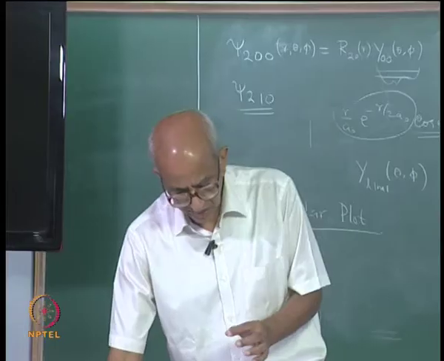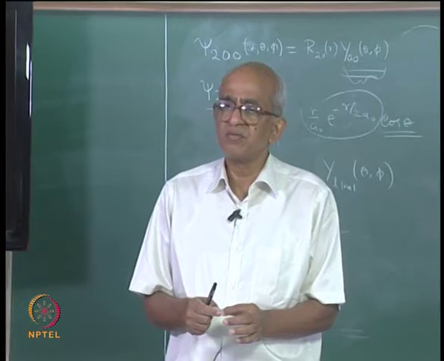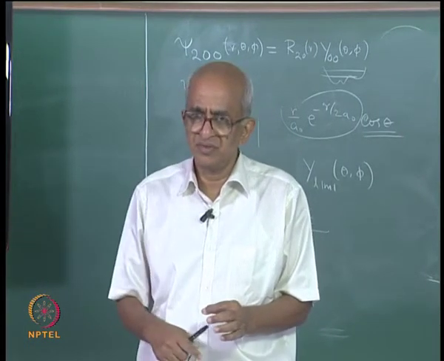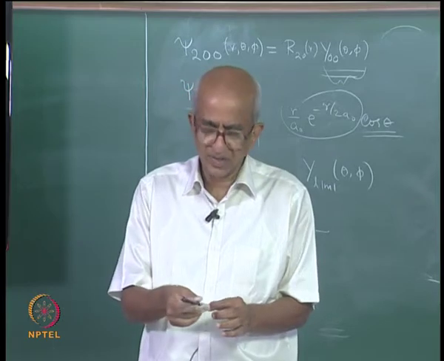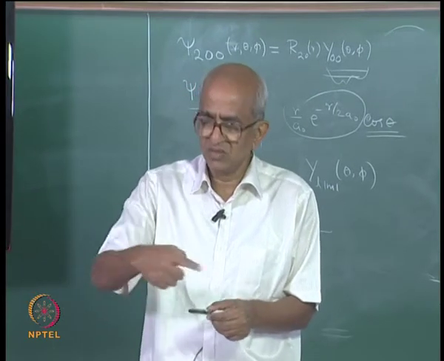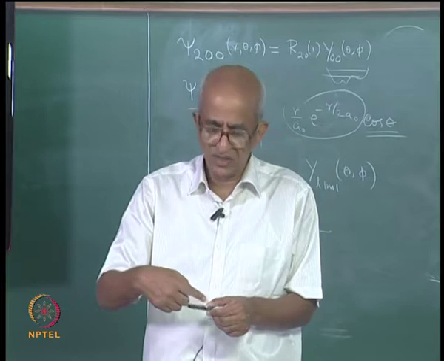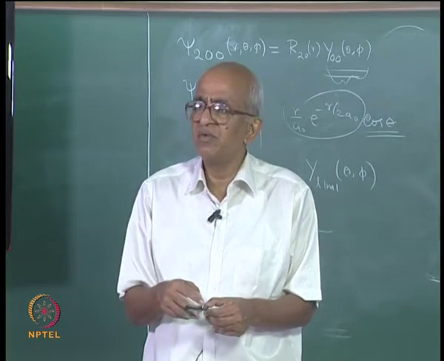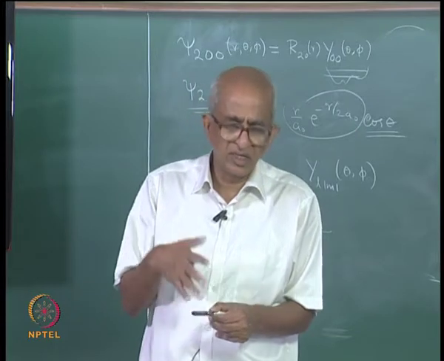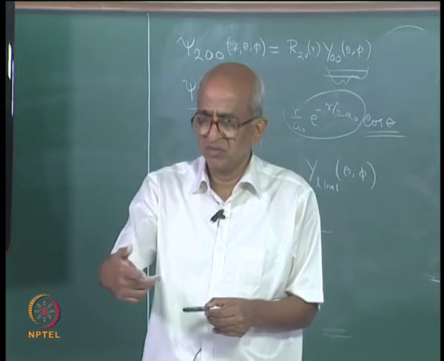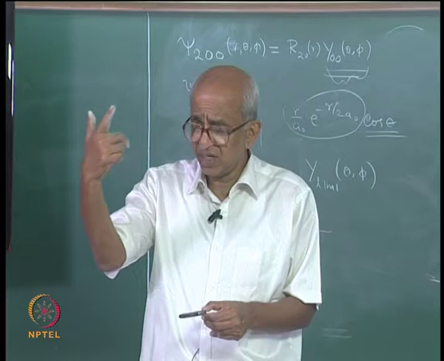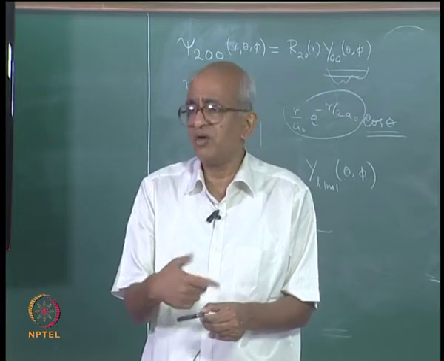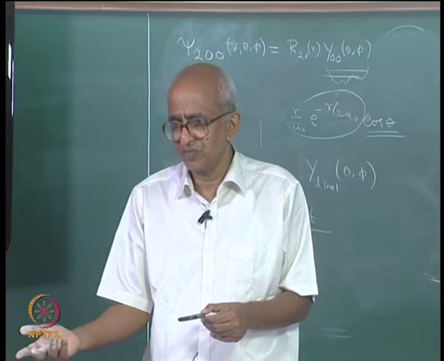Let me imagine that I have the nucleus and I think of any particular direction in space. For example, this is my x axis, and the positive x axis is a direction in space. What will be the value of theta? Theta is 90, right? In the x direction, theta is 90 and the value of phi is 0.